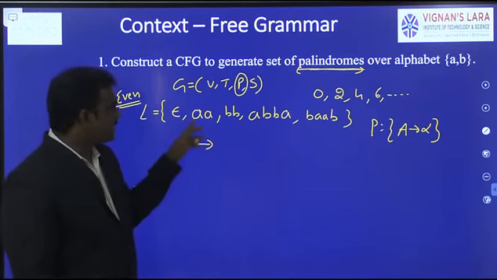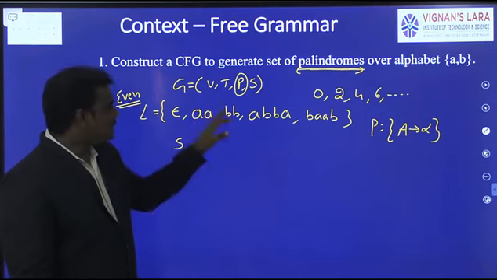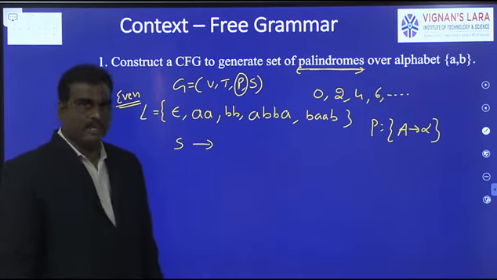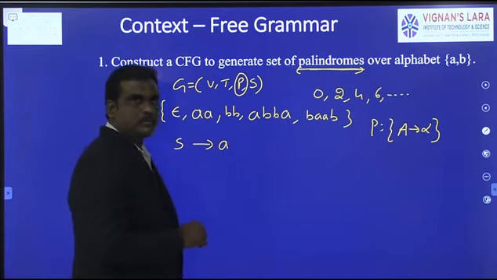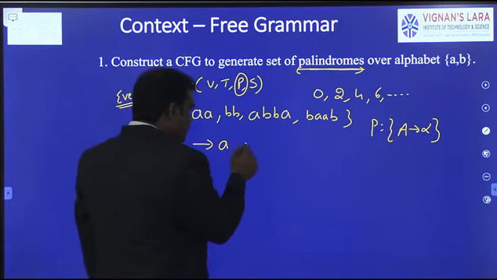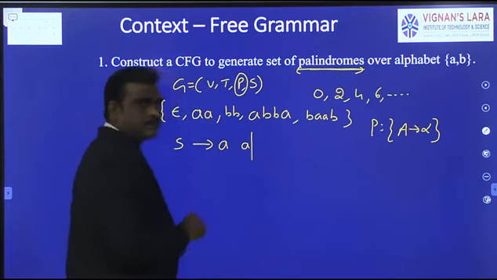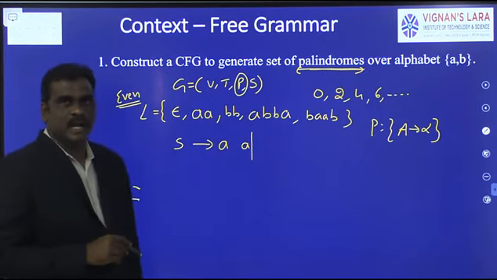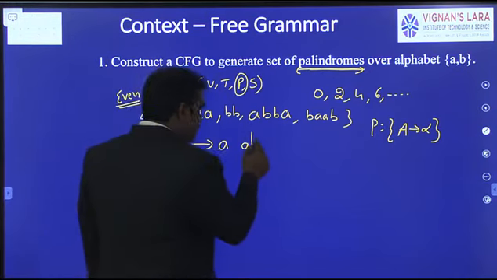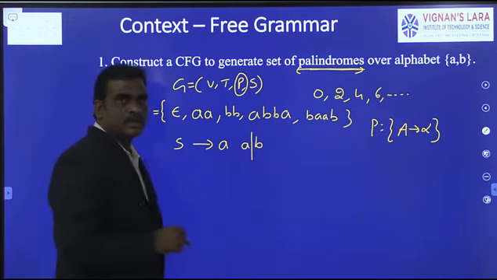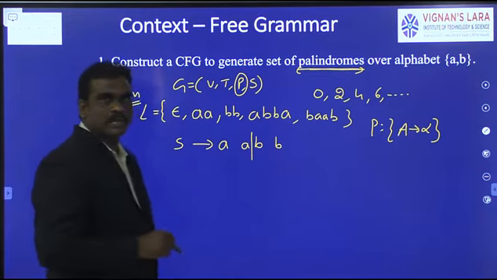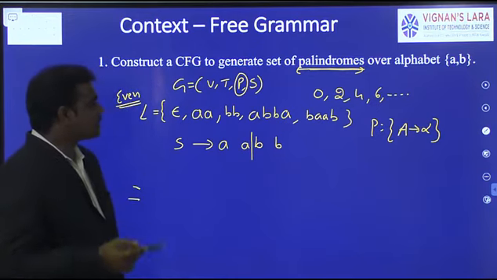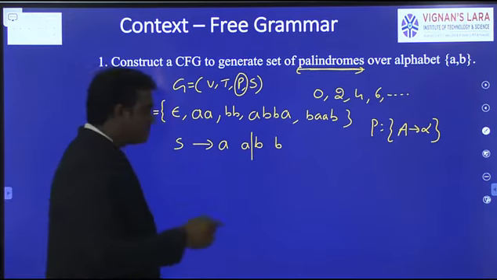One is the string starts with A, and the second possibility is the string starts with B. If the string starts with A, it compulsorily ends with A only. And if the string starts with B, it compulsorily ends with B only. And one more possibility is there, that is epsilon.